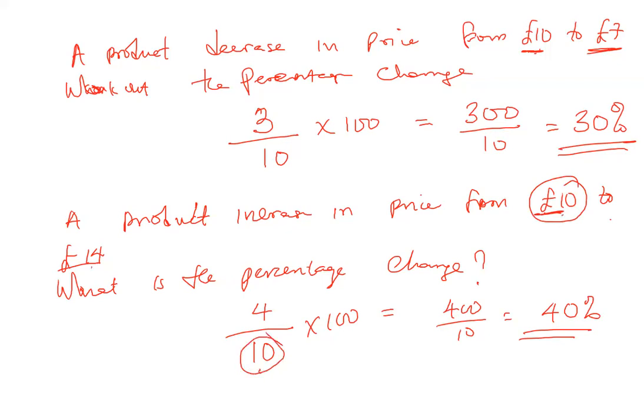The change is 4, because the difference between 14 and 10 is 4. So that is how to calculate percentage change. In some situations, you might need to use a calculator, but I think that should be okay.